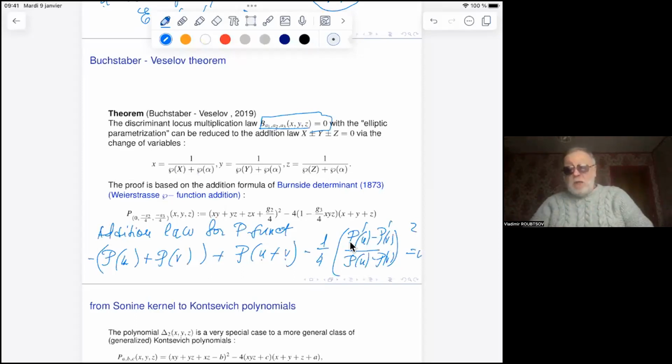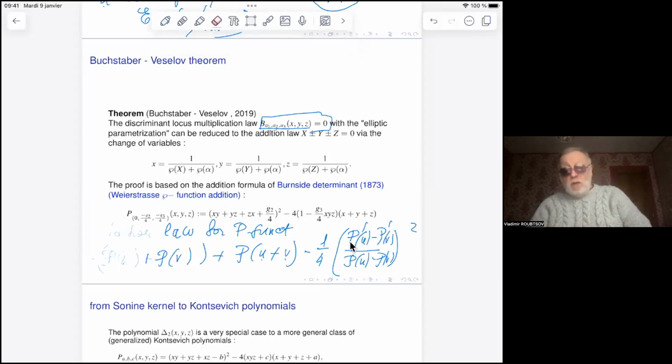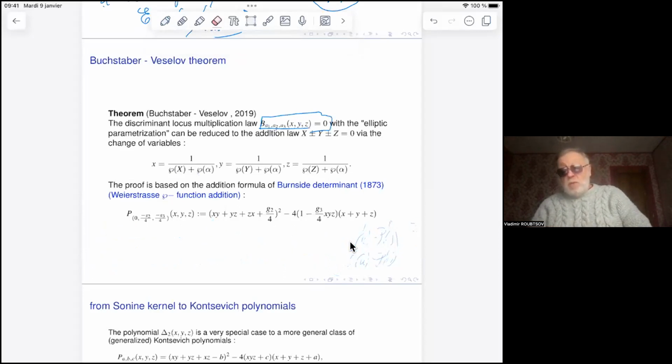But it is better, if you want, to write this law in a more beautiful and simple way, which is much easier to keep in mind. You can write it in the form of the so-called Frobenius determinant. This Frobenius determinant has the following property.